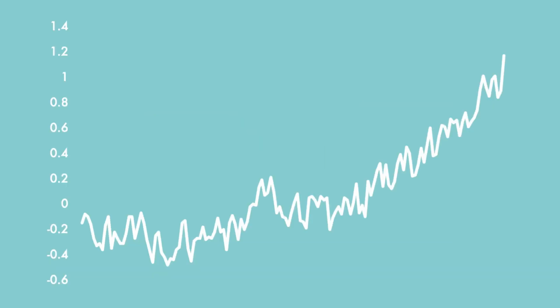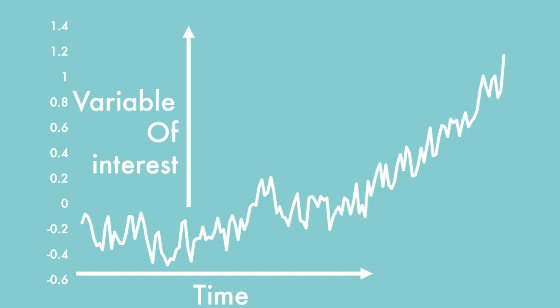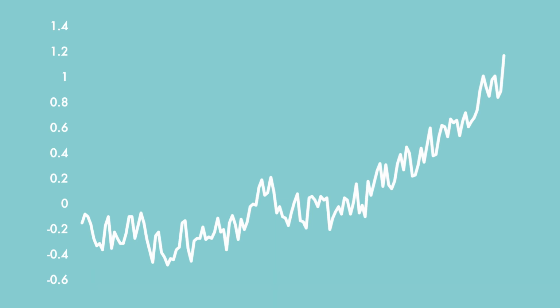The following data shows the change in global surface temperature from 1951 to today. On the x-axis, we have the years over time, and on the y-axis, we have the change in temperature. Looking at the graph, we can see that Earth's average surface temperature in 2023 was the warmest on record since 1880.